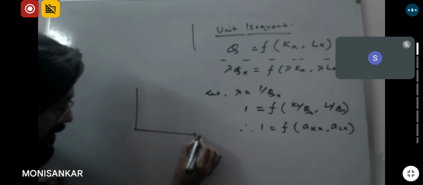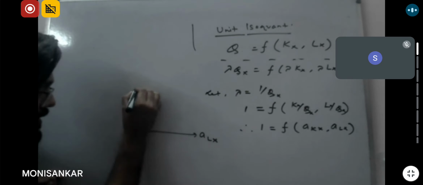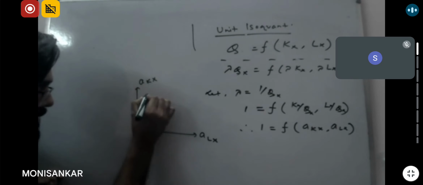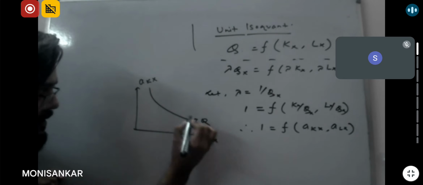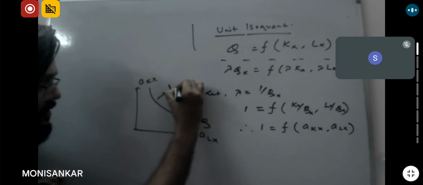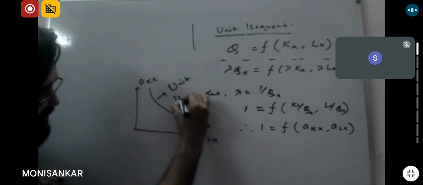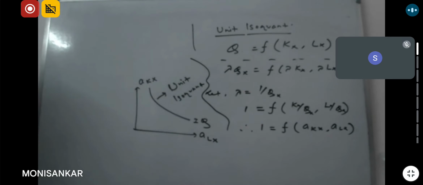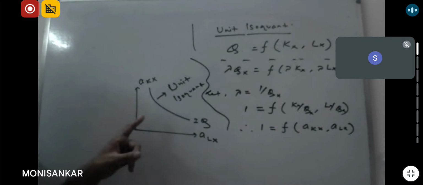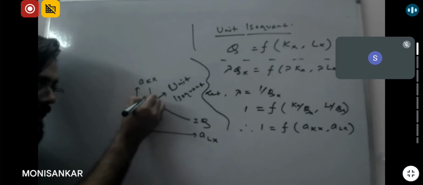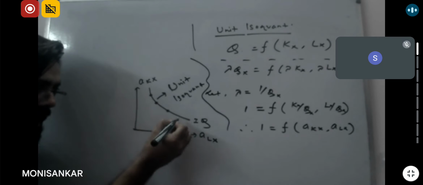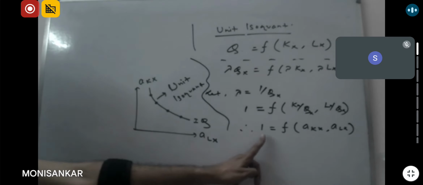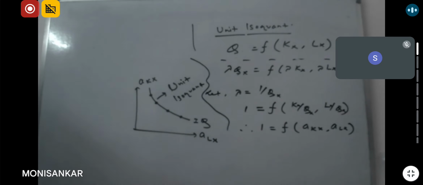When you take alx and akx and derive the isoquant, this is called the unit isoquant. Any point on the isoquant implies the output level is 1. So this is the concept of the unit isoquant.